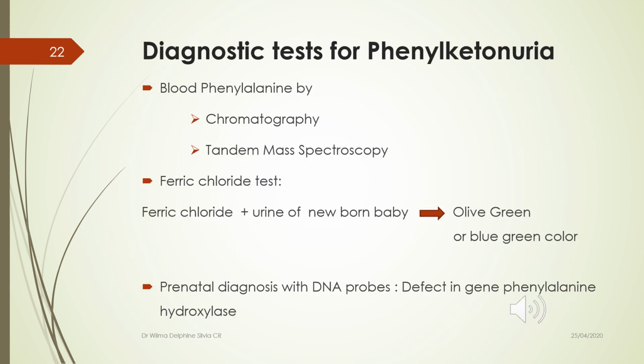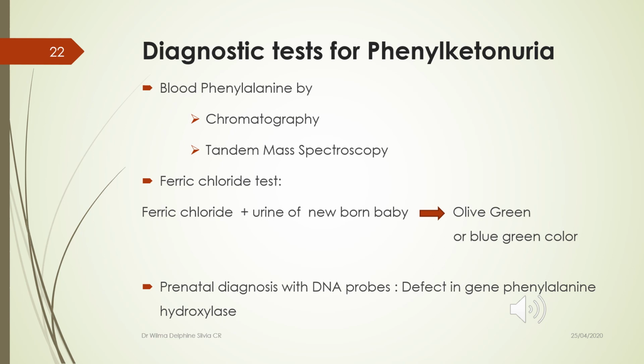The biochemical investigations for phenylketonuria are the estimation of blood phenylalanine; the presence of phenylalanine in the blood in a higher concentration can be detected by chromatography or by tandem mass spectroscopy. Tandem mass spectroscopy is more reliable than chromatography. The presence of phenylpyruvate in the urine can be detected by the ferric chloride test.